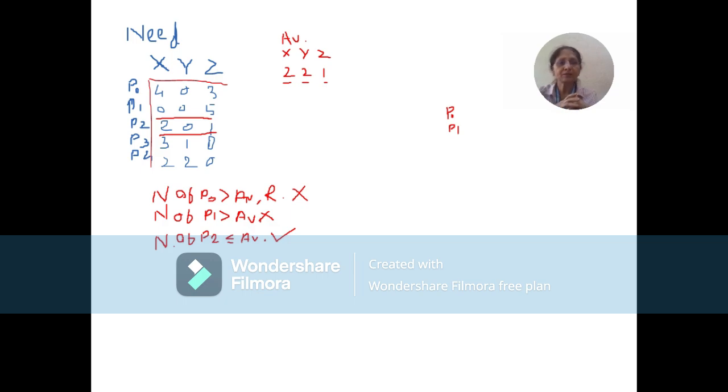Now when we grant the request, it simply means that we are allocating the need of P2. So what was the available vector with us? 2, 2, 1. And what we did? We allocated 2, 0, 1 to P2. And what is the new available now? 1 minus 1 is 0, that is Z is 0. Then 2 minus 0 is 2 and 2 minus 2 is 0. So this is our new available.